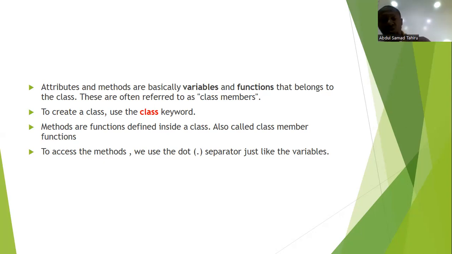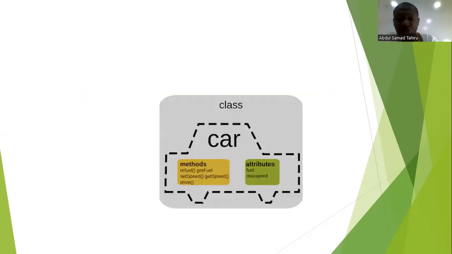So you can see from the screen here that we have a class, the concept of a car class. This is a blueprint. If you want to make any car, the car should have this sort of idea. It should have methods, something that can cause a car to refuel, to set the speed, get speed, drive, stop.